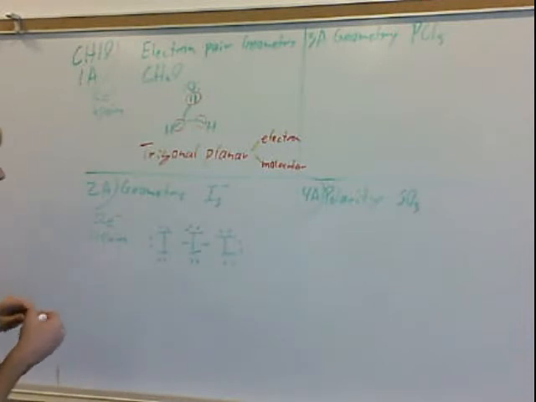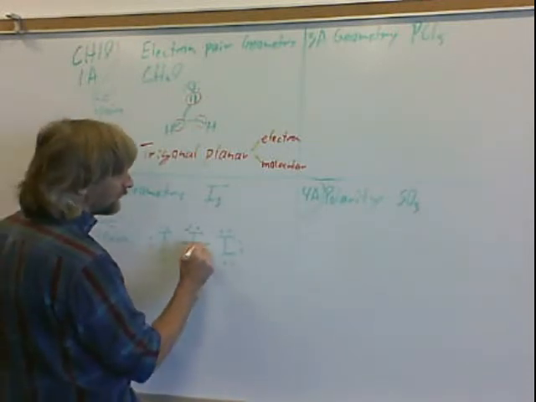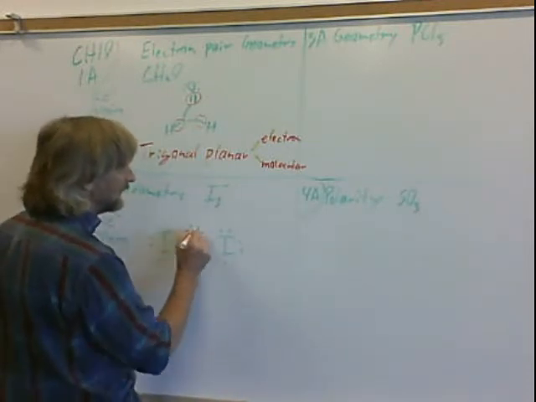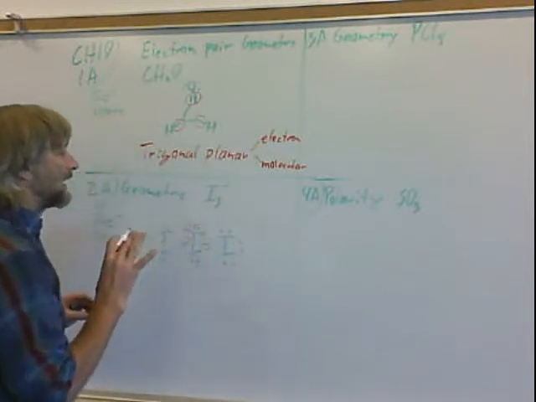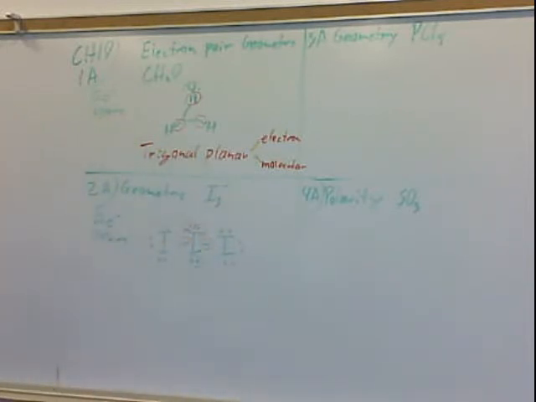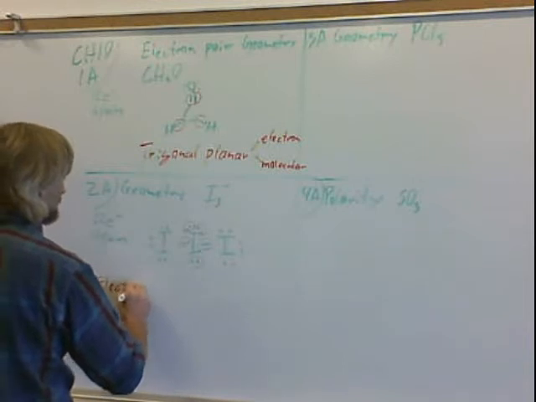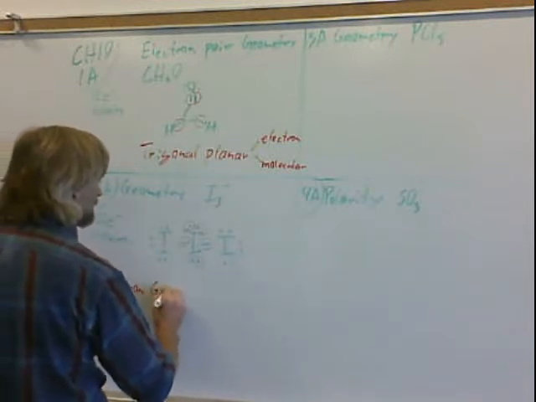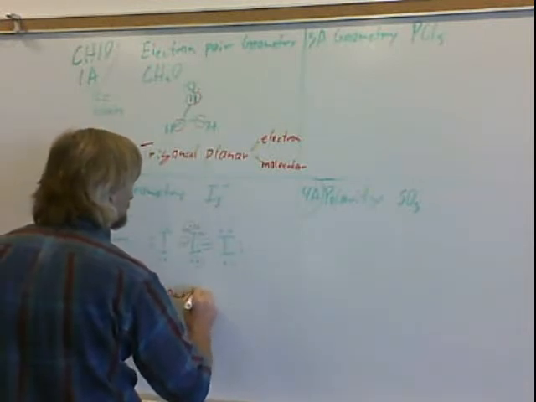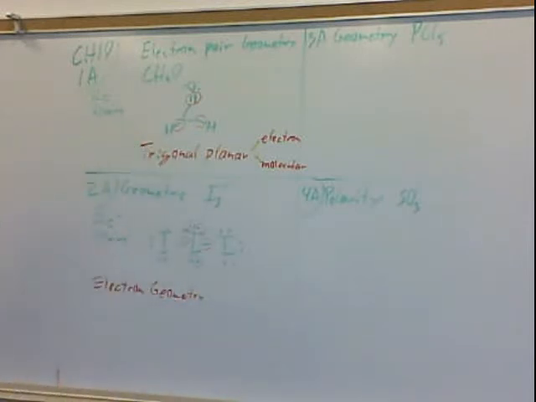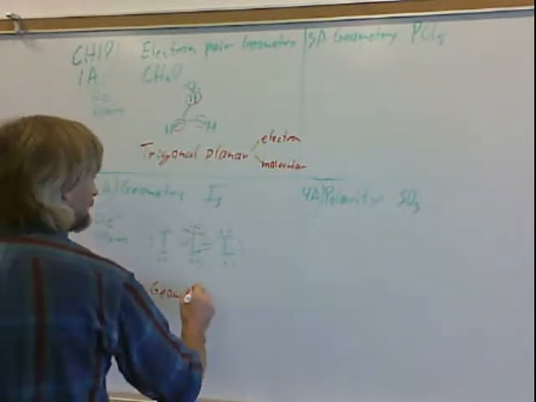So now when we look at it, we have 1, 2, 3, 4, 5 groups of electrons around that central atom. And this geometry, for electron geometry, becomes trigonal bipyramidal.